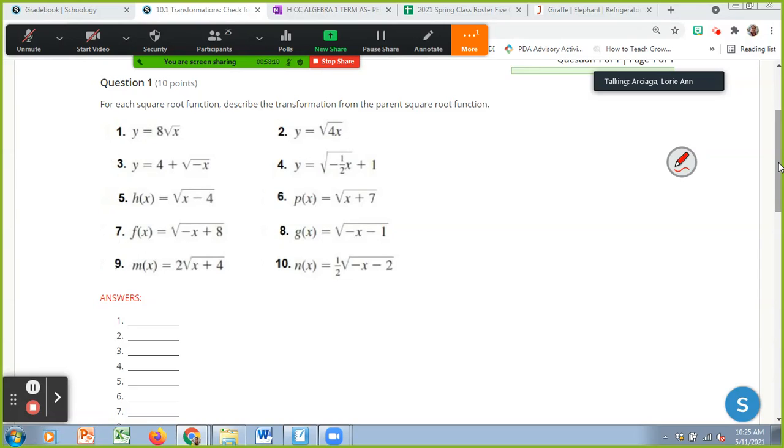Okay, so it's a minus a certain number if it's going down, right? If it's going up, what are they doing? What sign do you see outside the radical symbol? It's going to be a plus sign. Good.